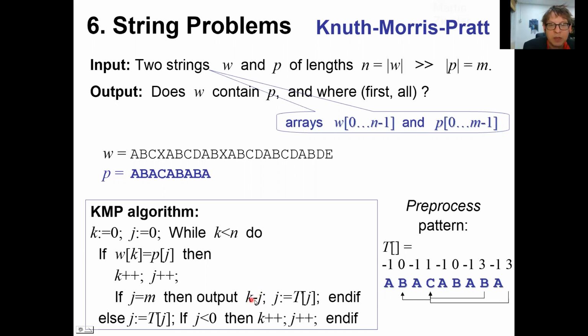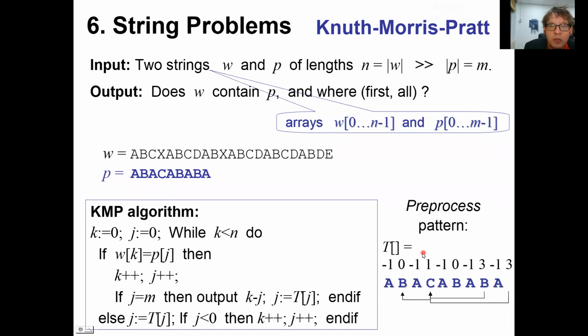That's why there's a minus here. And then resume with the pattern index J according to this preprocessing array. In the naive algorithm, we would start again from scratch, resetting J equal to 0, starting from the beginning of the pattern.